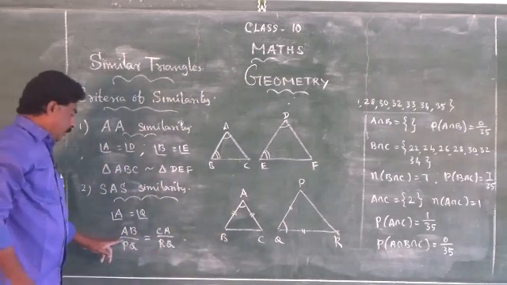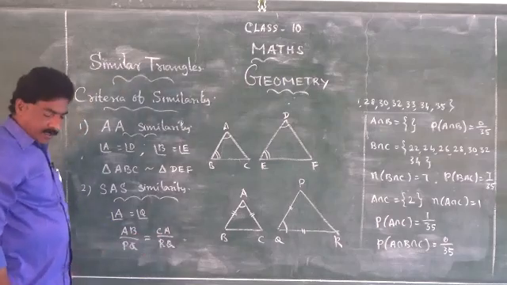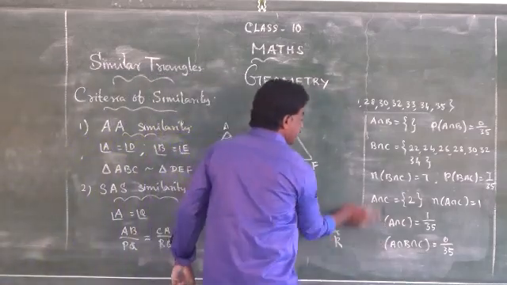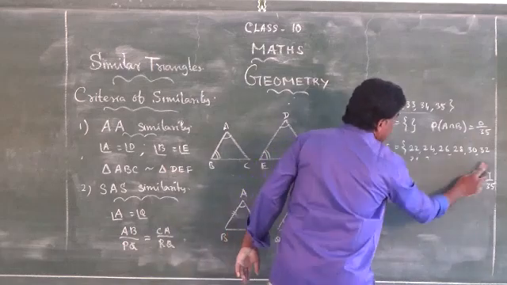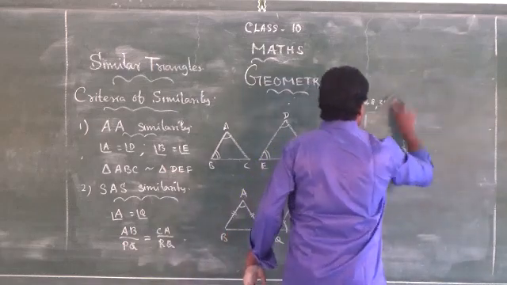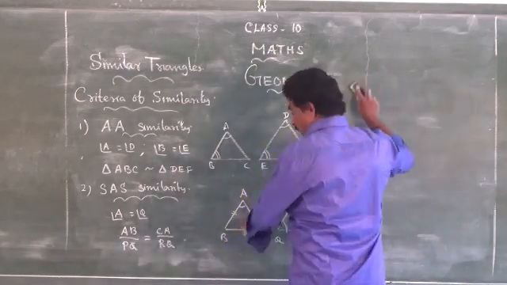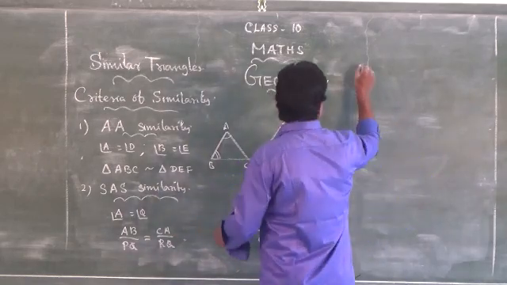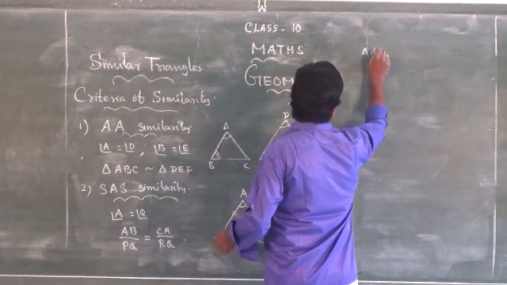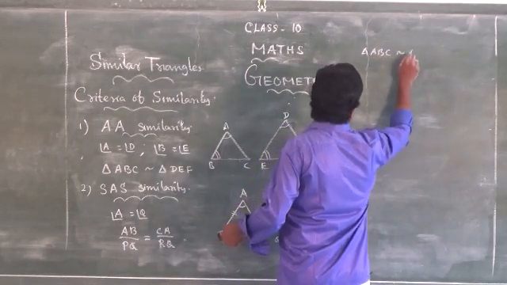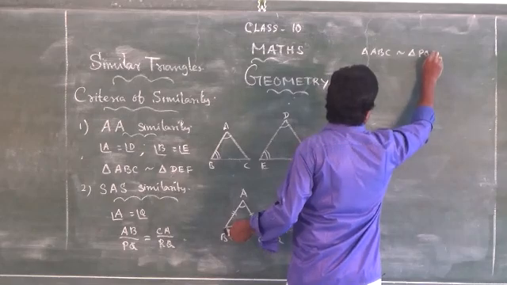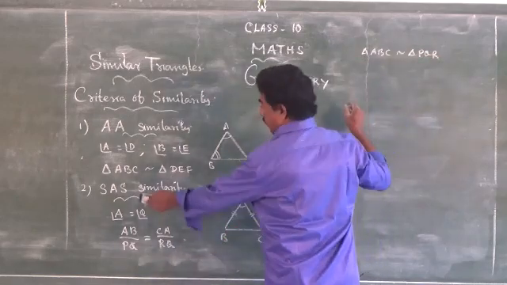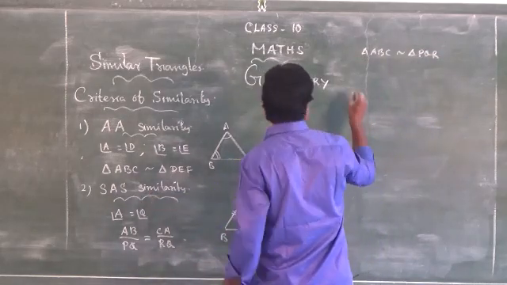So if they are proportional, then we say that the two triangles are similar. That is the second criterion: one angle of a triangle is equal to one angle of another triangle and the sides containing them are proportional. Therefore, triangle ABC is similar to triangle PQR by side angle side criterion.